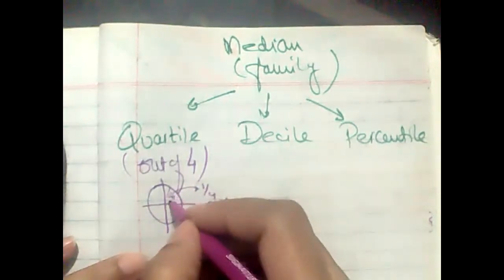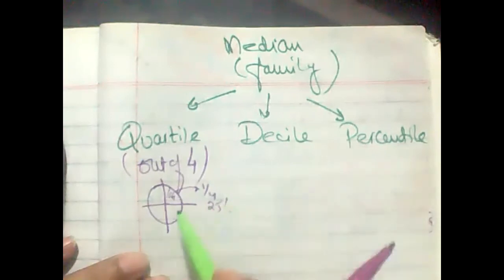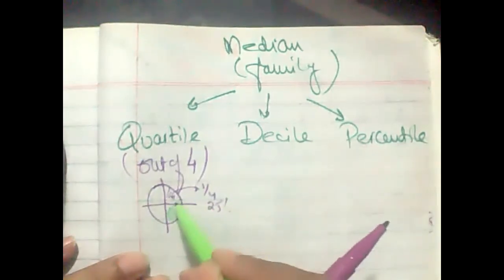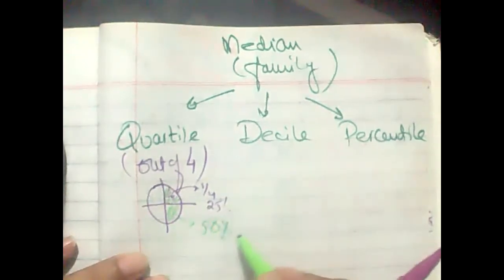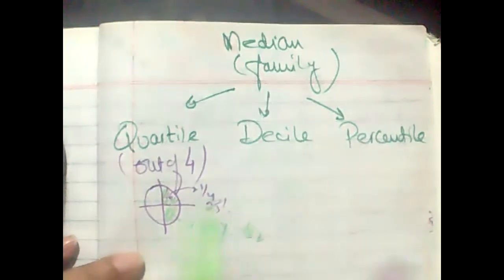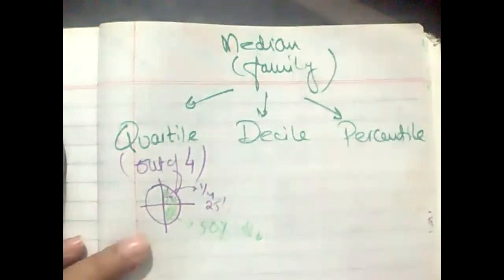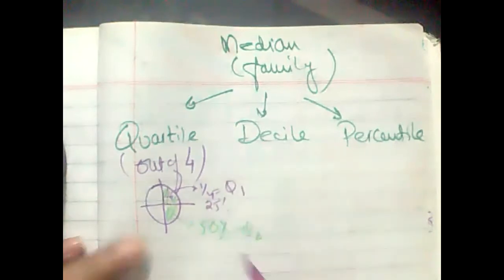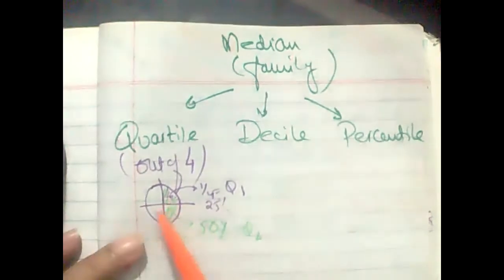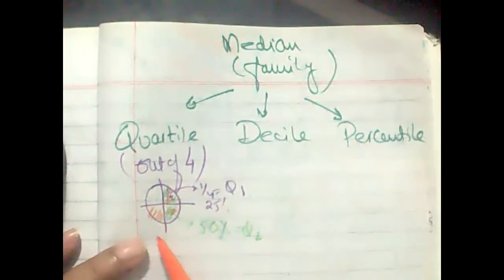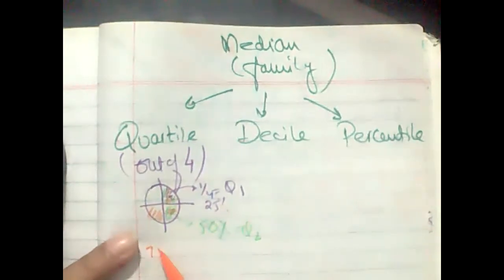If I talk about these both, let's say this and this both, then that gives me 50%, which is Q2. That is your Q1, 25%. Then if I talk about this, this, and this as well, that altogether gives me 75%, which is Q3.